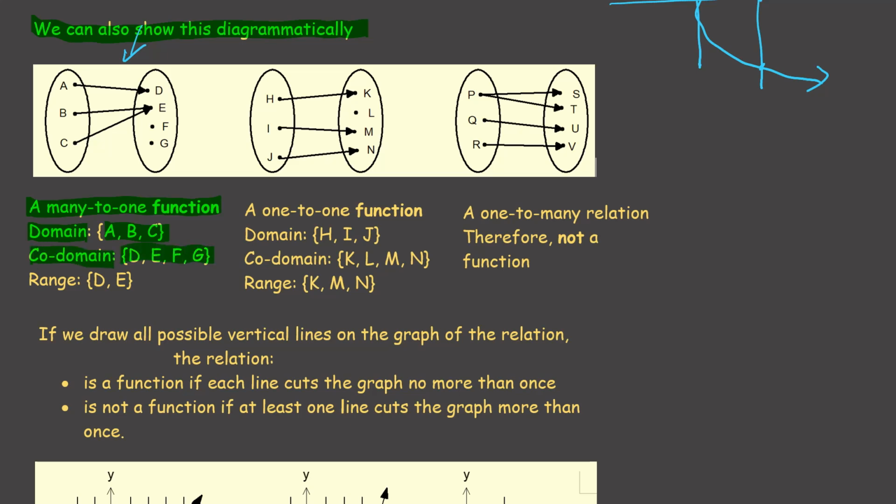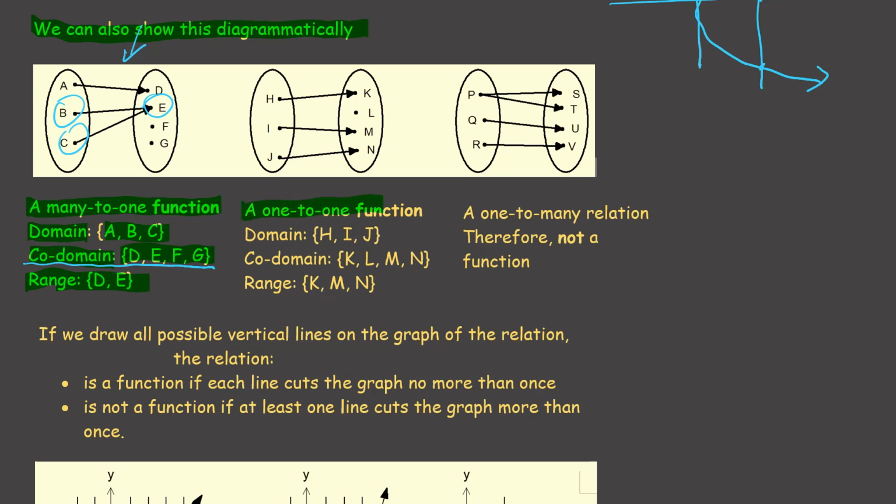Now I've got codomain here, but in this course you will not be expected to know about codomains. Codomains are a set such that the range is a subset of the codomain. The range is D and E, and it's many to one because both B and C go across to E.